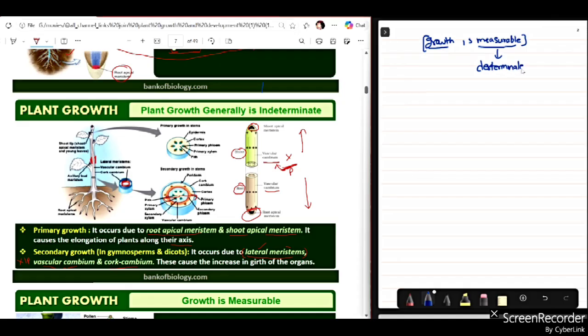Yesterday after completion of the second video, we said we can determine the growth in three forms. What are the three forms of growth? We can determine it in the form of cell growth, cell number, and also cell length, and also we discussed the surface area.